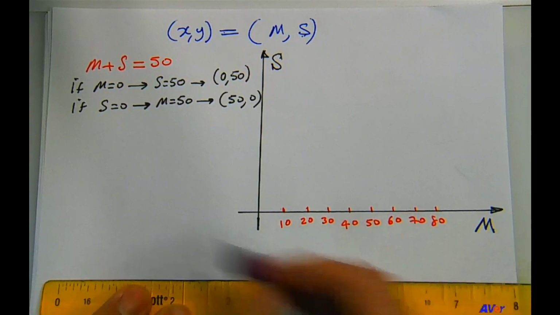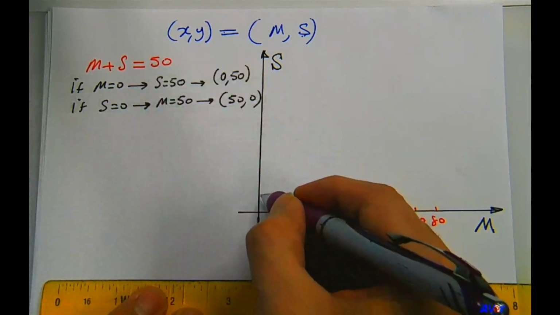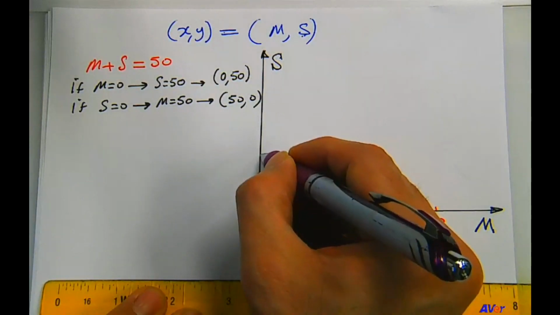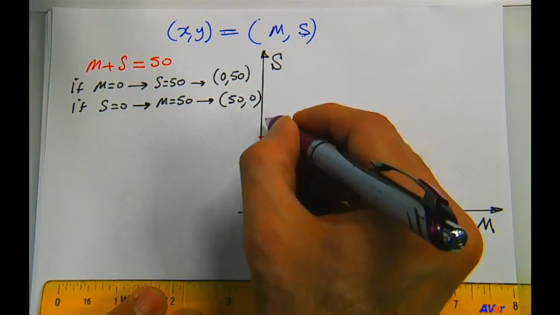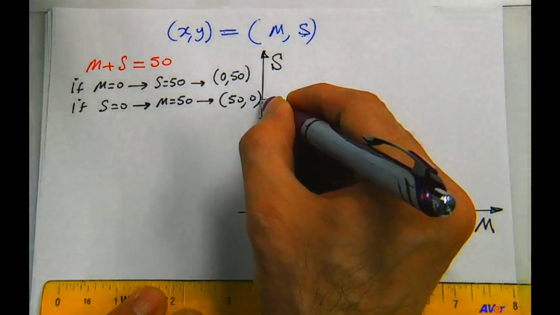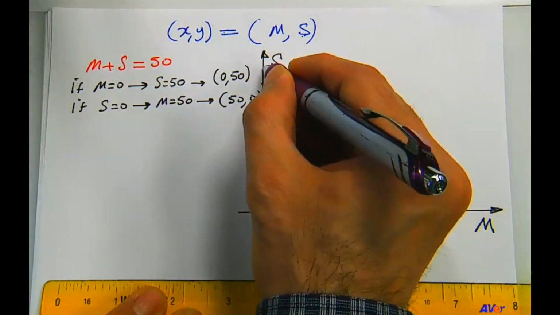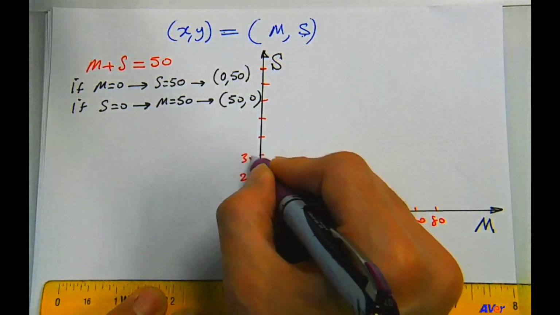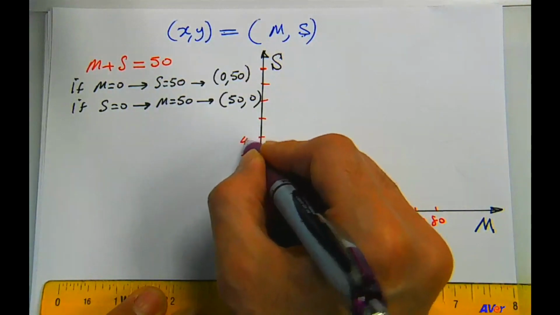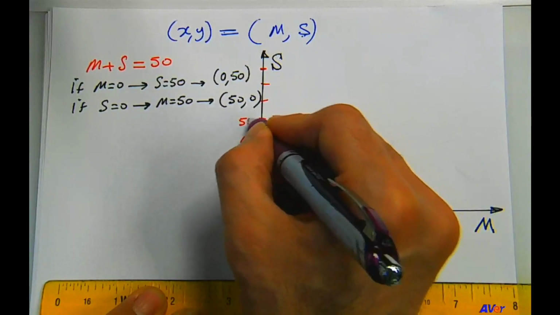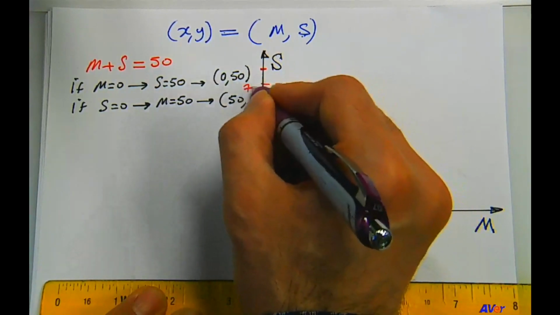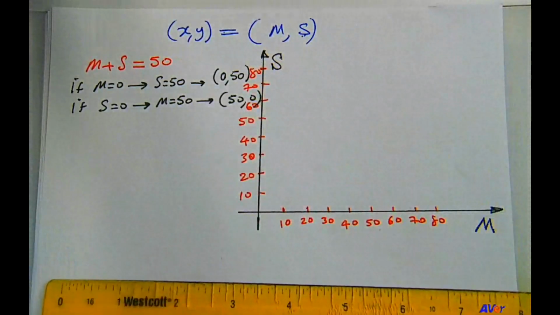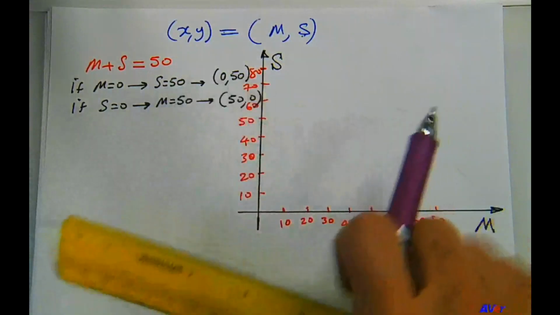I want to do the same thing along the y-axis. So we have 10, 20, 30, 40, 50, 60, 70, and 80. Okay, so let's plot these 2 points.